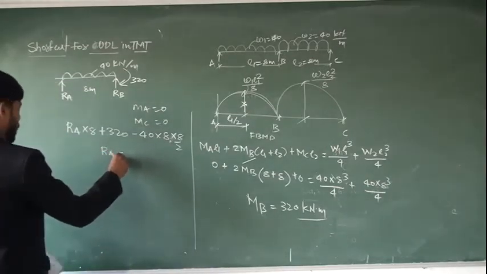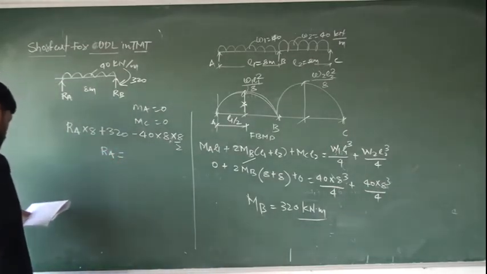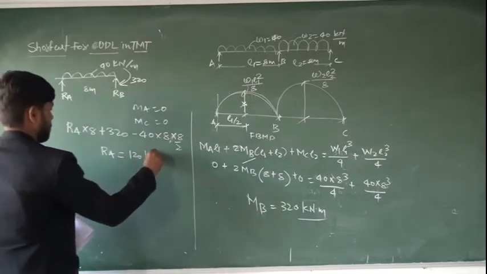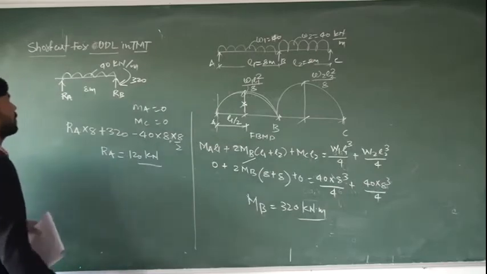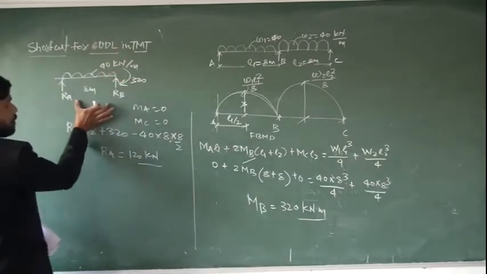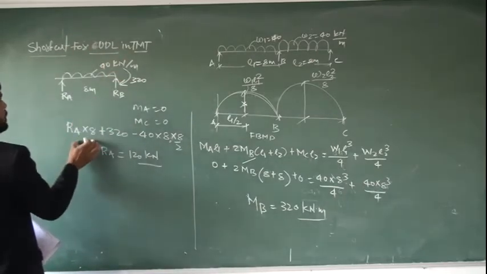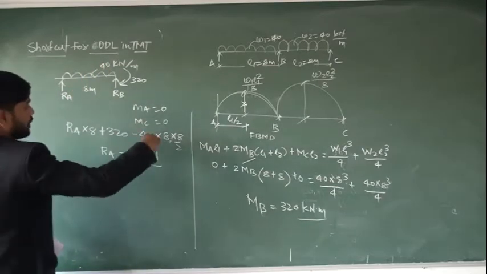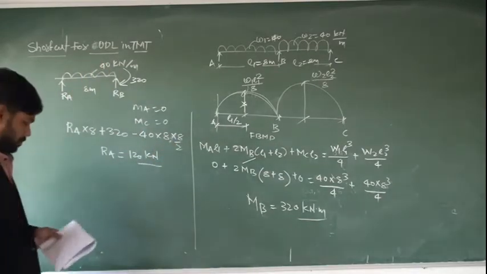You will get the value of RA. So this RA is 120. See, RA into 8 is a clockwise moment, 320 is a clockwise moment, and 40 into 8 into 8 by 2 is an anti-clockwise moment, so minus.